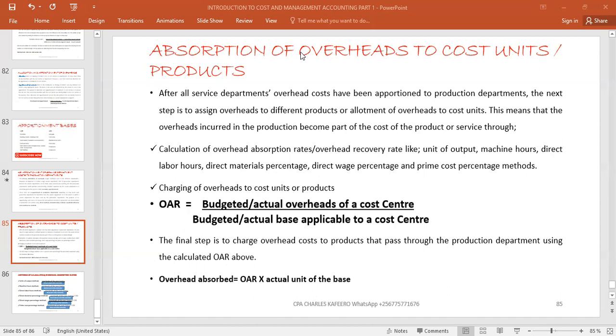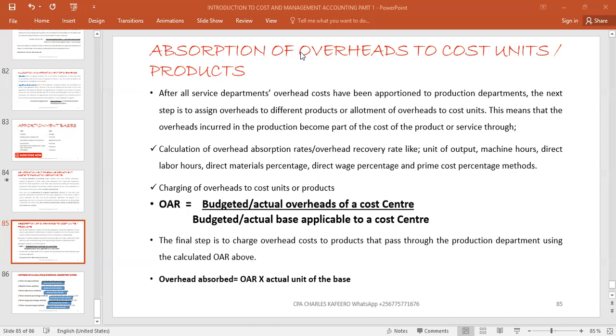Then what happens when you're absorbing these overheads? Sometimes there is either under or over absorption of these overheads. How it comes in is that you may have incurred a certain amount of cost, and you find out that the output you are getting is more than what you had expected to produce, or it is less than what you expected to produce.